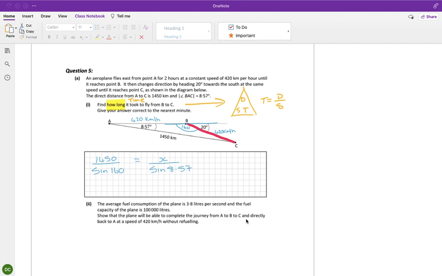Okay, let me explain that. So there's the side, and you put that over the angle opposite. And then this side over here, which I realise has a speed on it, but we don't know the distance. So that's x. And then that x goes over the opposite angle, which is your 8.57.